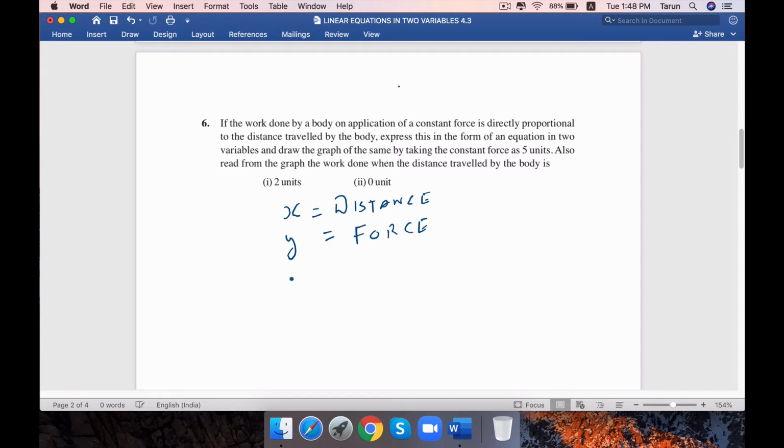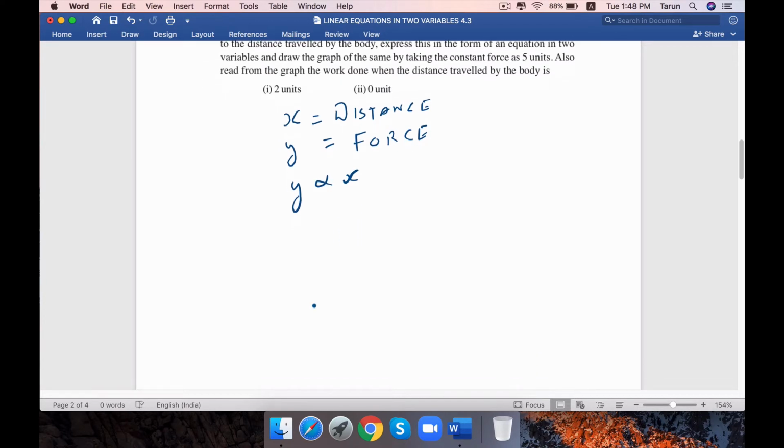So y is directly proportional to x, which can be rewritten as there is a constant force of 5 units, which can be written as y is equal to 5x. So this is my equation.